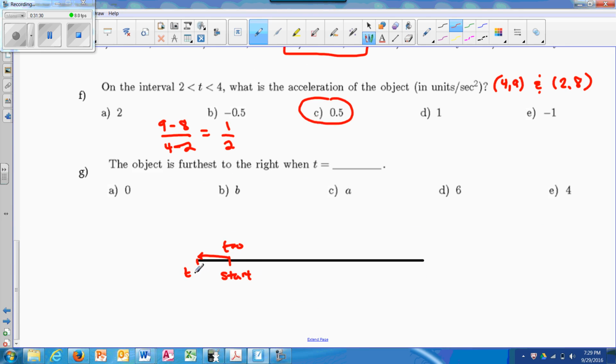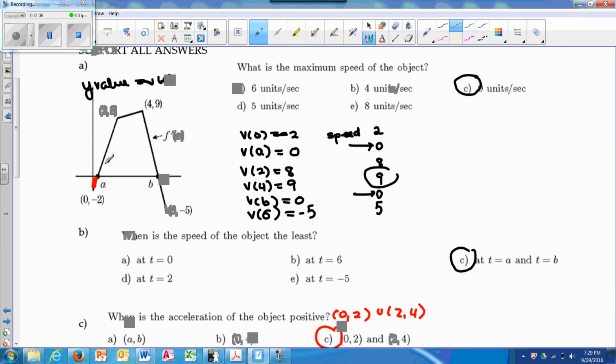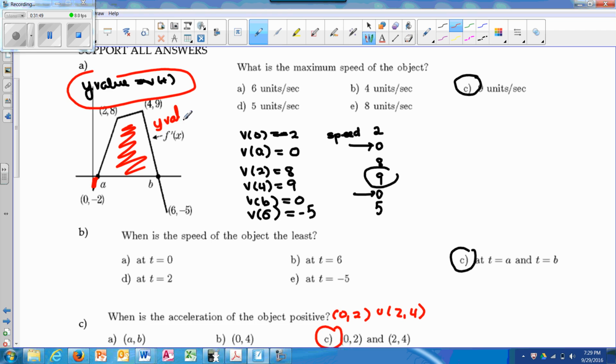So we can talk about what speeds we have. At time 0, the velocity is -2. At time A, the velocity is 0. At time 2, the velocity is 8. At time 4, the velocity is 9. At time B, the velocity is 0 again.